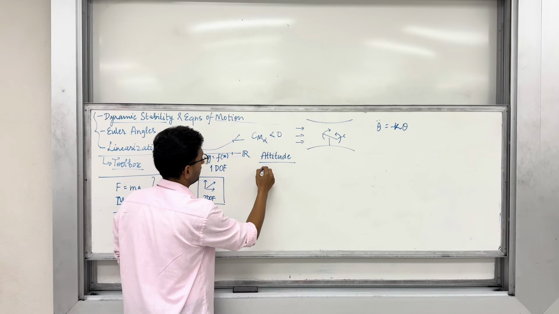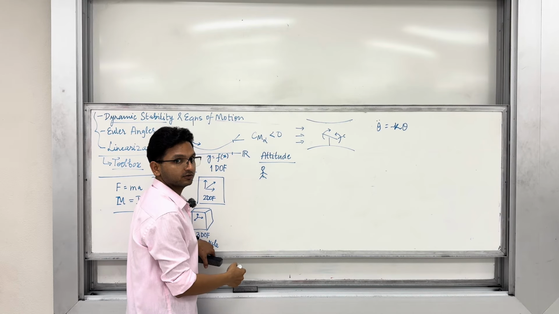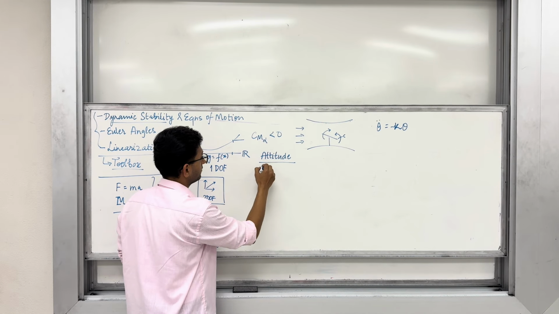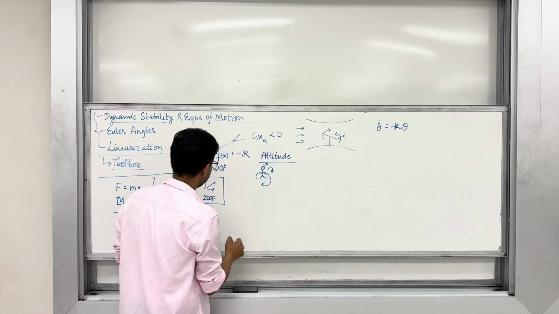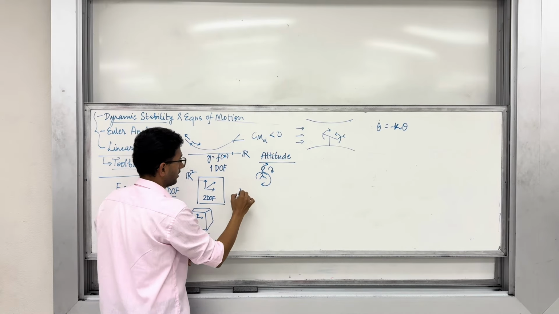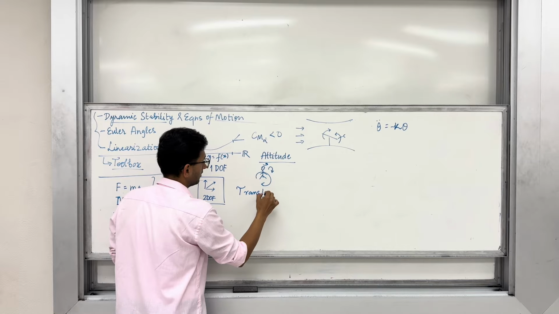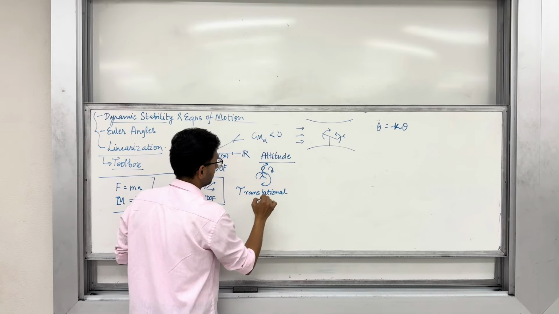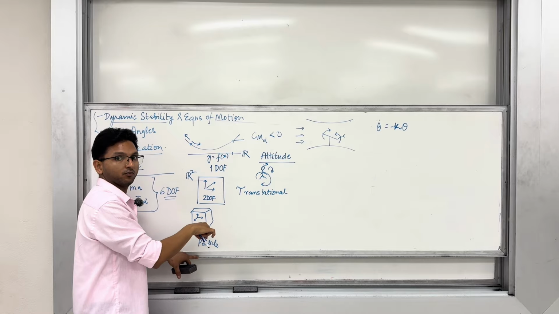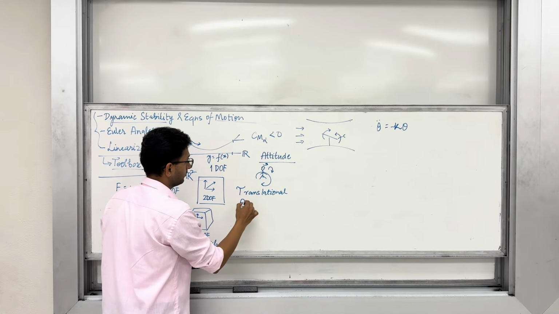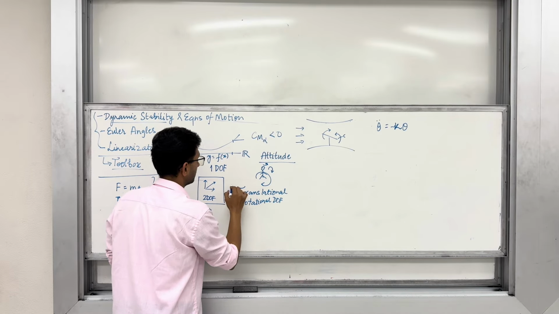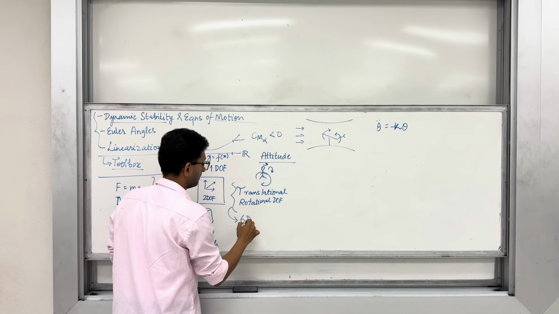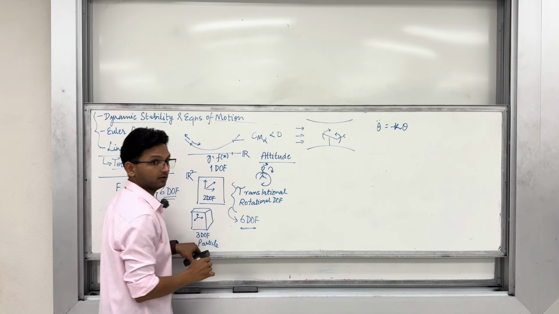I can say that if I define one of my axes to come out of the nose, then I have turned this way, or I have turned this way, or I am simply turning around this way. This means that in addition to the translational degrees of freedom, which are all there for a particle, we also have rotational degrees of freedom. That is why any rigid body will have 6 degrees of freedom in general.